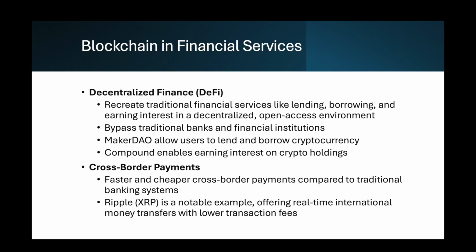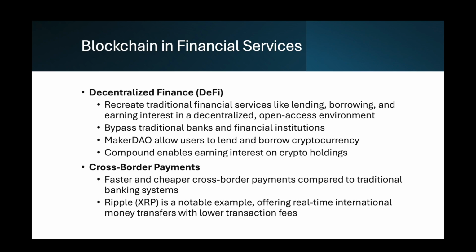Blockchain and financial services. Decentralized finance. DeFi uses blockchain to recreate traditional financial services like lending, borrowing, and earning interest in a decentralized, open access environment, bypassing traditional banks and financial institutions.